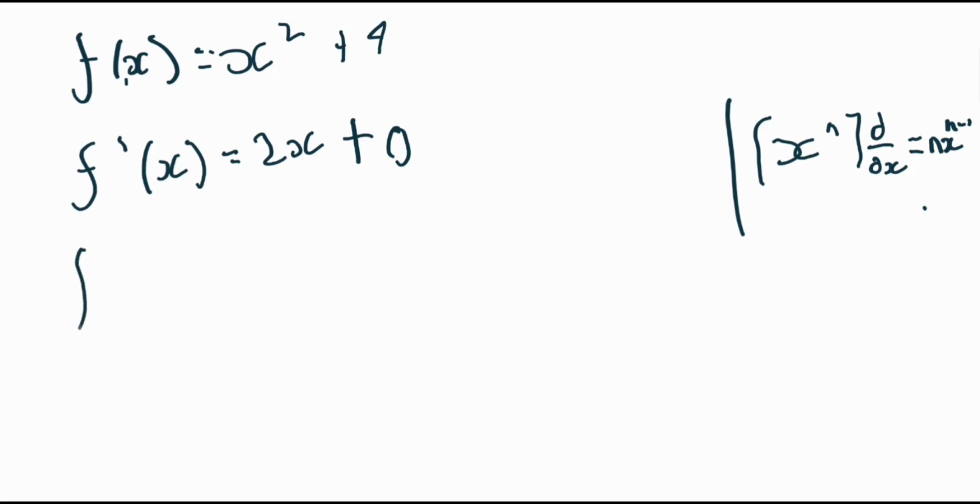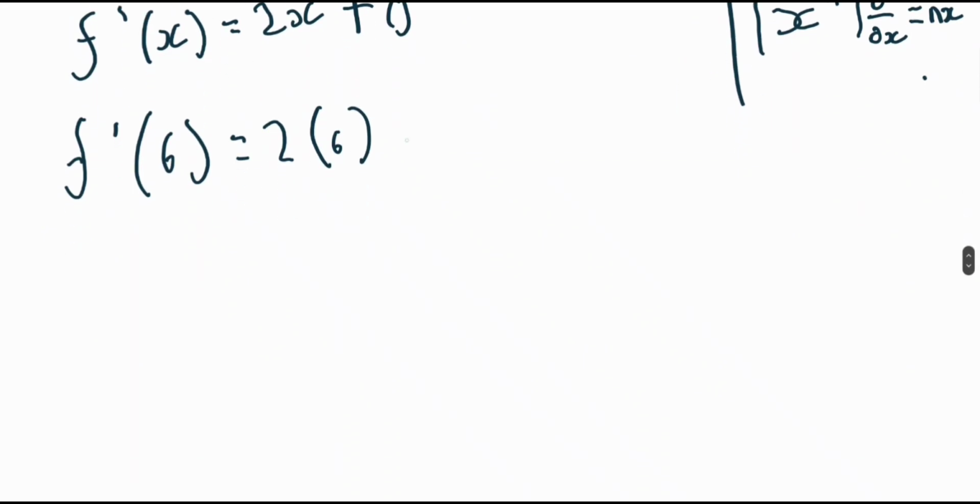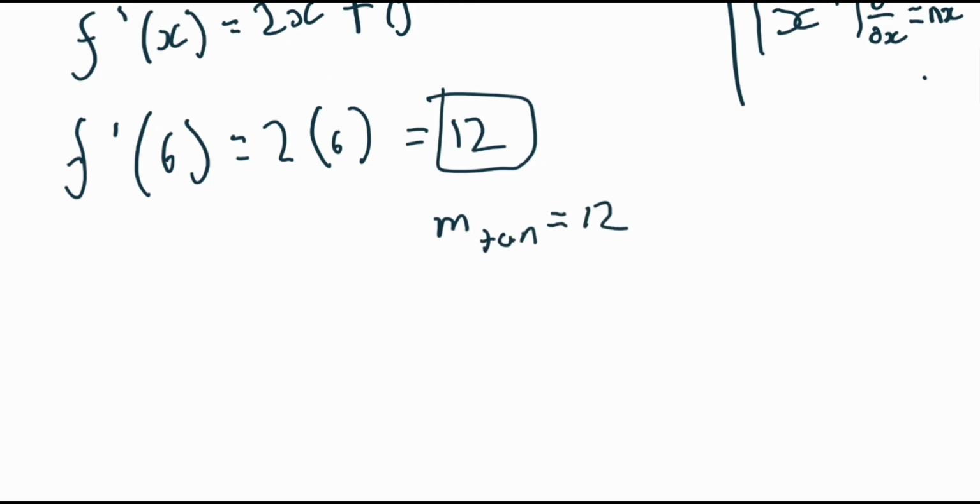If we plug in 6 for x, it's going to be 2 times 6, so that means 12. This is going to be the slope. So the slope of the tangent equals 12. Great.